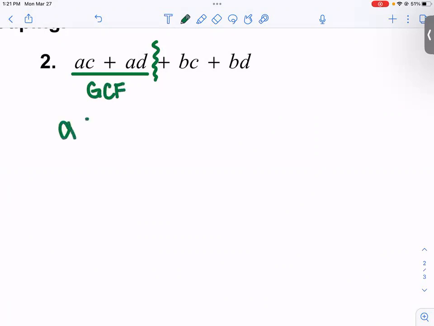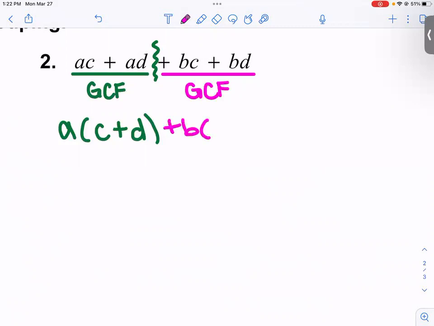Just A. And left over, we have C plus D. So what do those have in common? B. So we're going to factor out a B, and left over is, no way, C plus D.